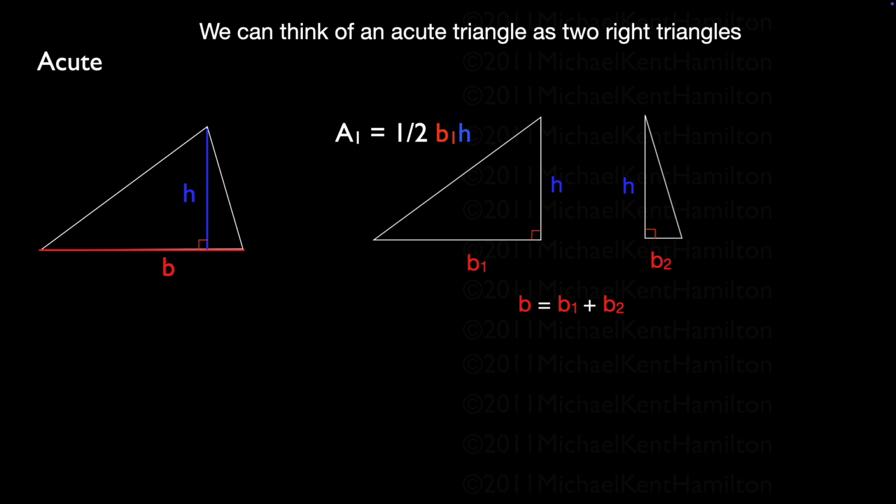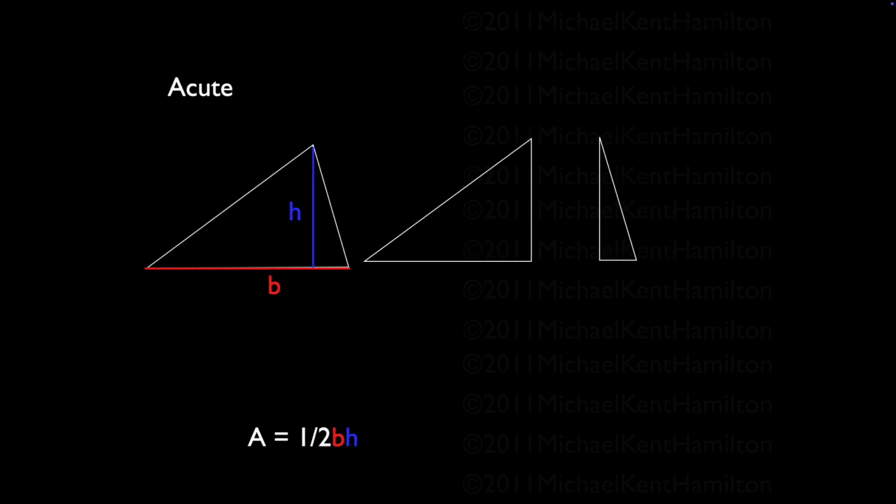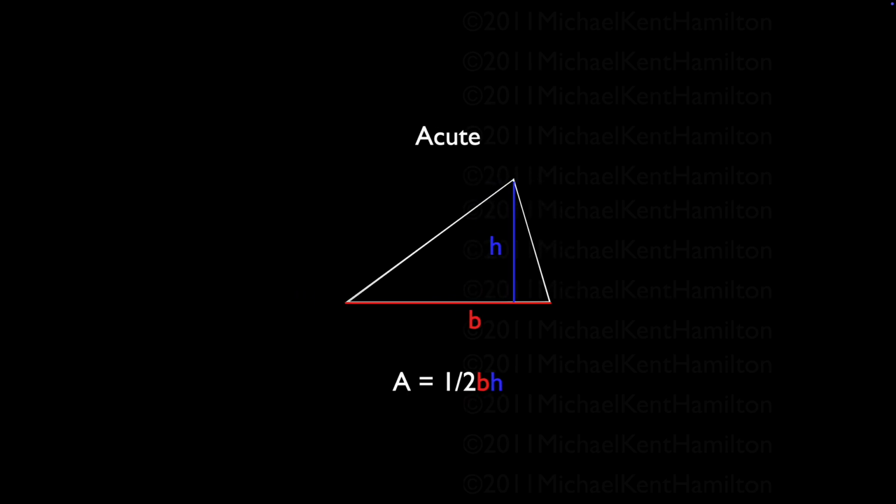So one triangle will have area 1/2 B1 times H, and the other triangle will have area 1/2 B2 times H. The area of our original acute triangle will be equal to the sum of the areas of these two, and so we would have 1/2 B1 times H plus 1/2 B2 times H. Applying the distributive property, and again the fact that B1 plus B2 equals the length of our original acute triangle's base, we again arrive at the formula 1/2 base times height, in this case for an acute triangle.